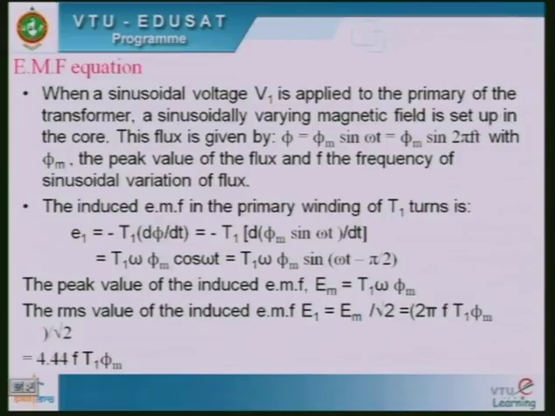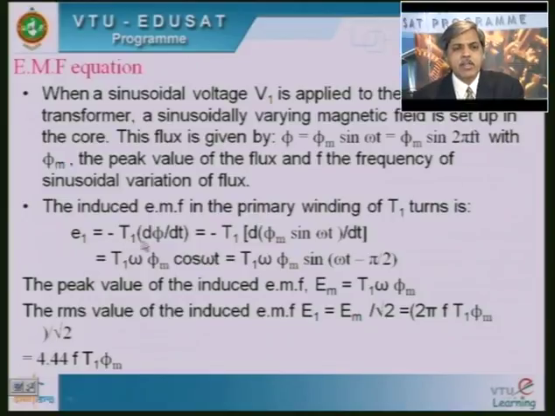Because of this I will have a minus sign in this equation, E1 is equal to minus T1 d phi by dt. This d phi by dt gives the time rate of change of flux linkages.